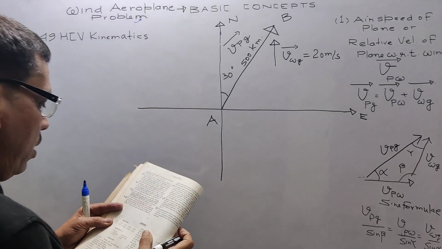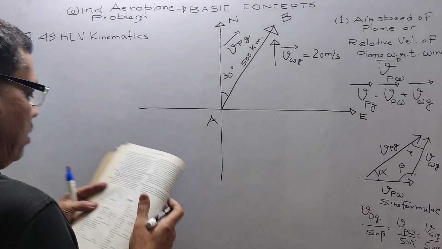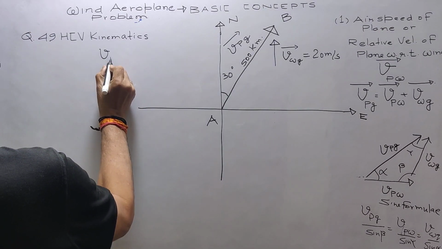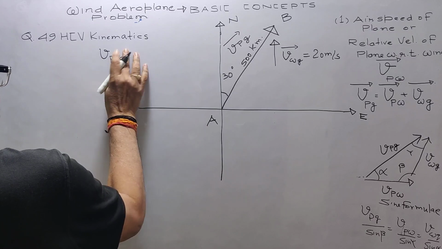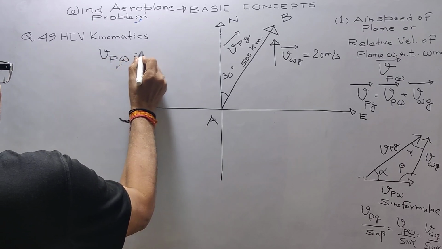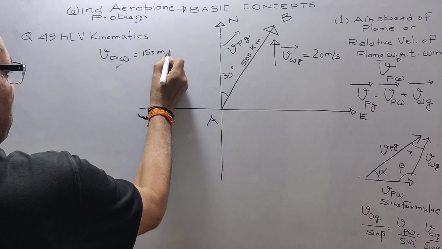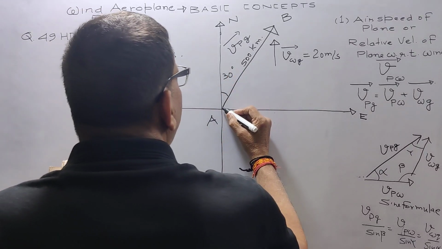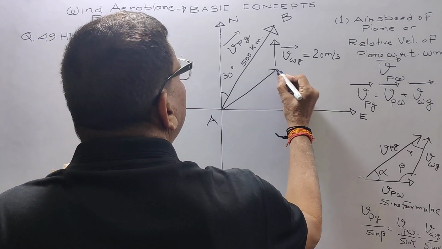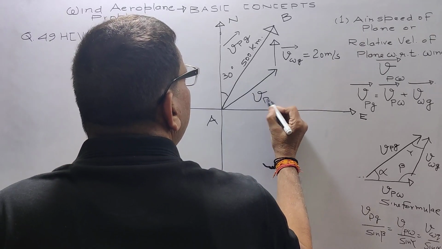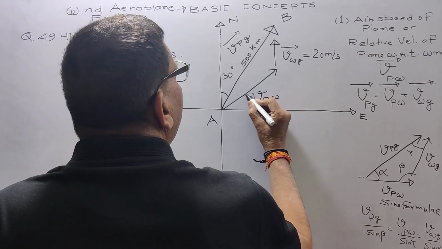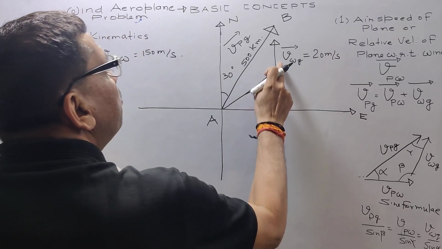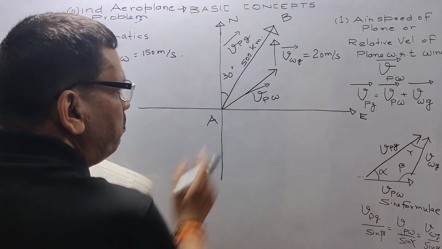Then the airspeed of the plane is 150 meter per second, that is the relative velocity of the plane with respect to wind. Now the pilot will take the plane in this direction, VPW, right? And then VPW plus VWG will be VPG.